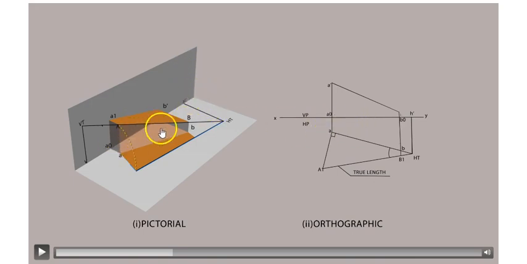This particular region, covering the true length and the top view, together form a triangular shape, or you can say it can even be called a trapezium, in fact, because there are two sides parallel and two sides inclined. But let's see, it's a plane.